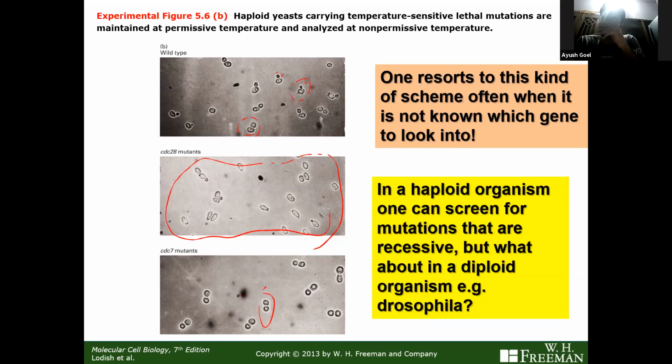These are not in the same complementation group, which means they are in different genes. And if we see no growth at 36 degrees Celsius, this means they are in the same complementation group. They are non-complementing, and this means they are in the same gene. So this is how we will find out how many genes are responsible for the cell cycle defect. Very good, Ayush. I will give you 9.5 out of 10.